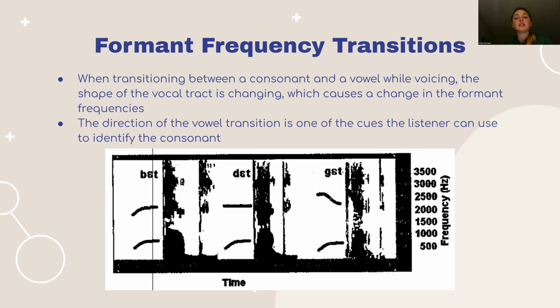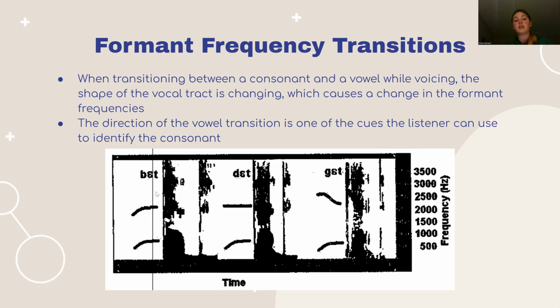What is also interesting to know is that not only do we hear these subtle formant frequencies in vowels, we can also hear the difference when the vowel is transitioning from a consonant in our mouth. You can see this bet, det, and get here. All of these have the same vowel and the same last consonant, but this spectrogram shows the way that formant 1 and formant 2 change.